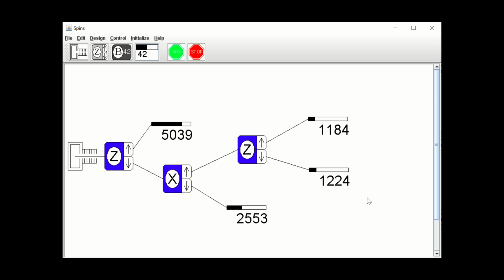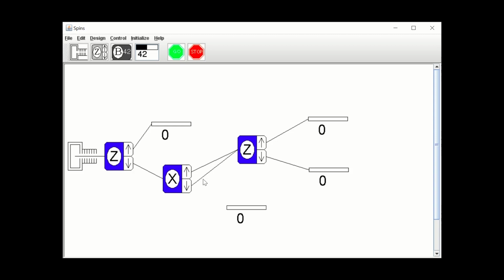For the final measurement in this series, I'm going to reset all the counters. I'm going to take this beam, and instead of sending it to its own counter, I'm going to bring it back together with the other output beam.